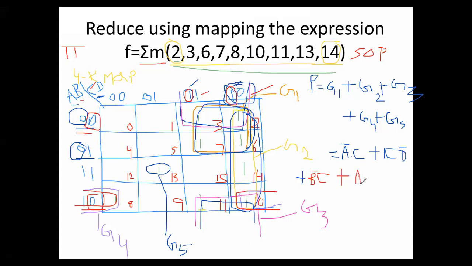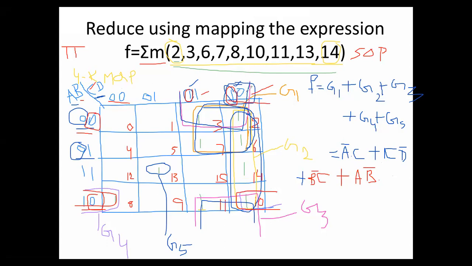A is 1, so A. B is 0, so B bar. A B bar. What about CD variables? CD variables are 0 0, 1 0.